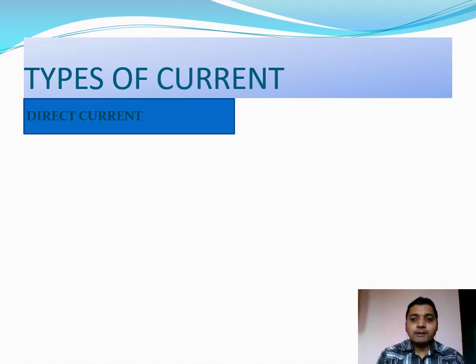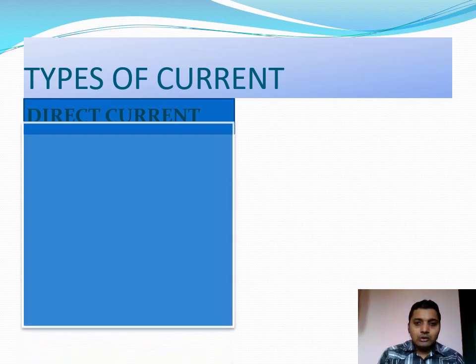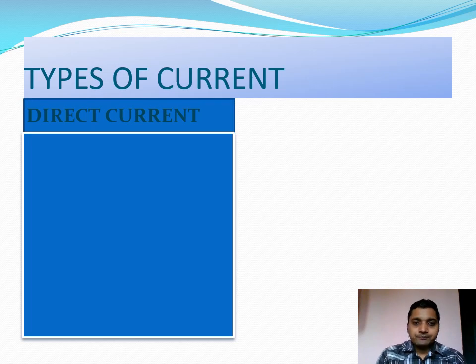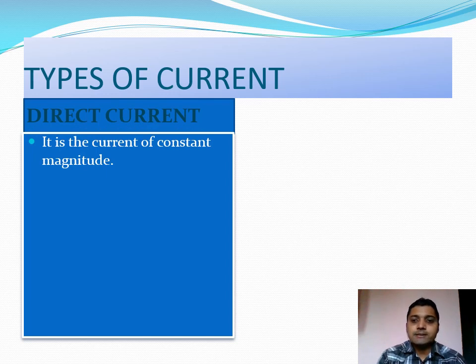If we come to direct current, what does direct current actually mean? Direct current means that whenever the source provides the current, its direction remains constant and its magnitude, the amount, also remains constant. There is no voltage high or voltage low; simply, it is current of constant magnitude. The amount of current remains constant every time.